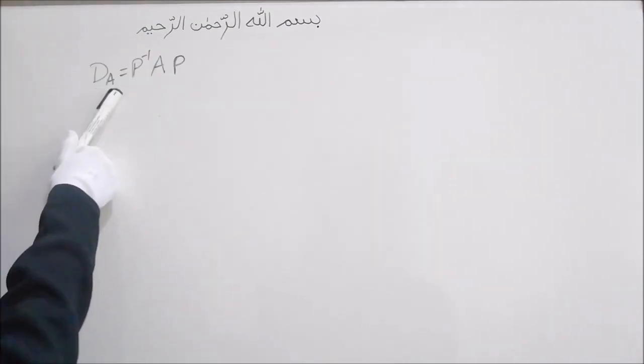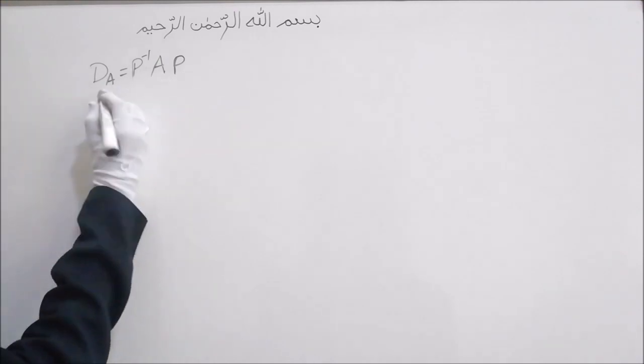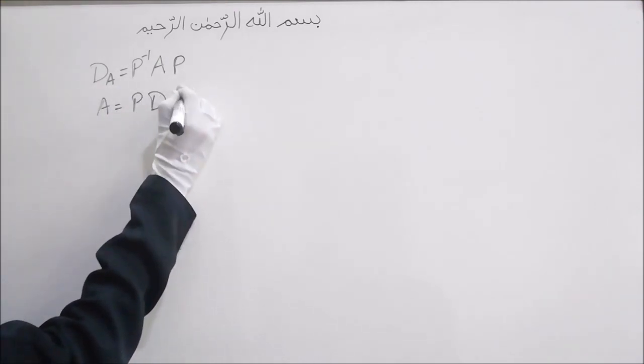Once we know the diagonal matrix of this non-diagonal matrix A, from here A we can write as P dA P inverse.